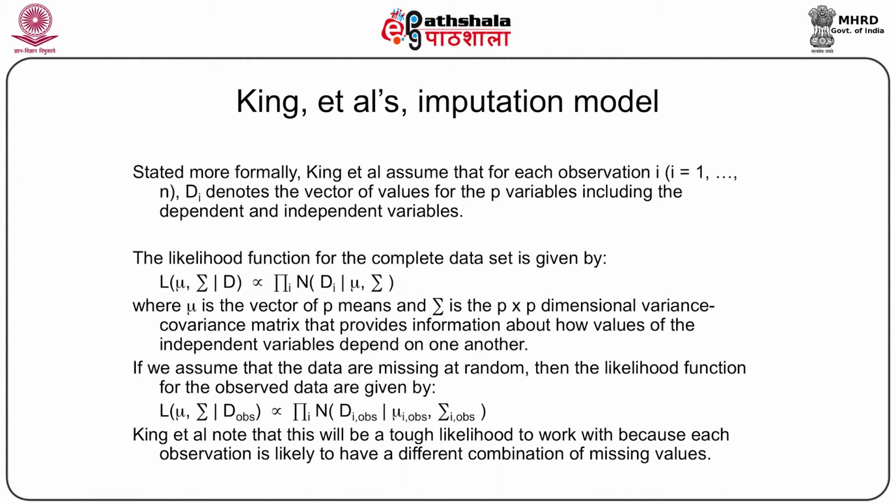If we assume that the data are missing at random, then the likelihood function for the observed data can be written as a product of individual normals, d sub i,obs given mu sub i,obs and sigma sub i,obs, where obs stands for observed. King and others note that this will be a tough likelihood to work with because each observation is likely to have a different combination of missing values.